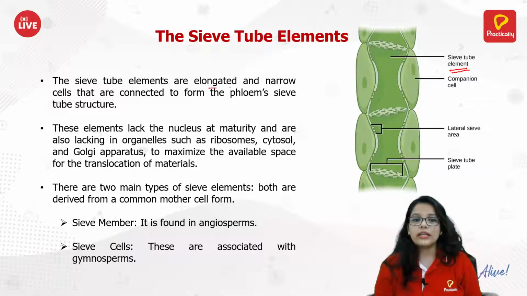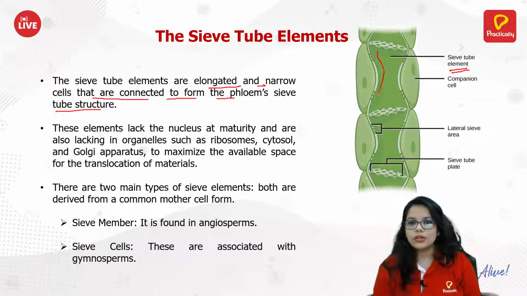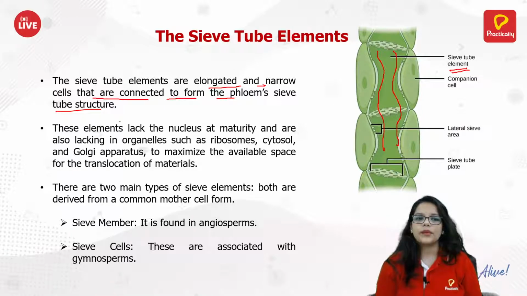They are elongated and narrow cells that are connected to form the phloem sieve tube structure. So see, this is a tube structure, a hollow tube-like structure. The elements lack a nucleus at maturity and also lack organelles such as ribosomes, cytosol, Golgi body.